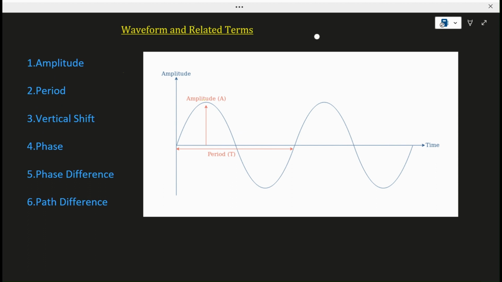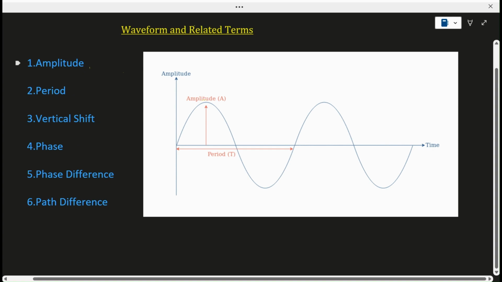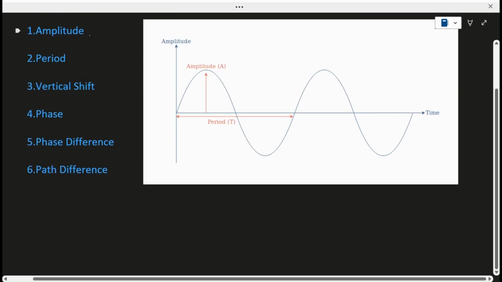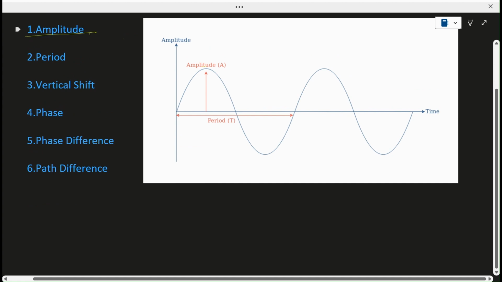Regarding this topic, we have certain terms which are amplitude, period, vertical shift, phase difference, and path difference, which are very important to understand how trigonometry and related applications work.